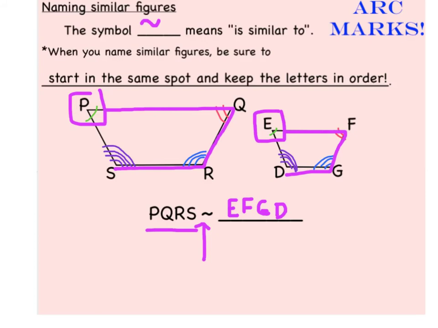Here's a little tip. You are probably going to want to redraw one of your figures so that the quadrilaterals look the same. Good luck. Resume your video as soon as you've completed checkpoint number 1.